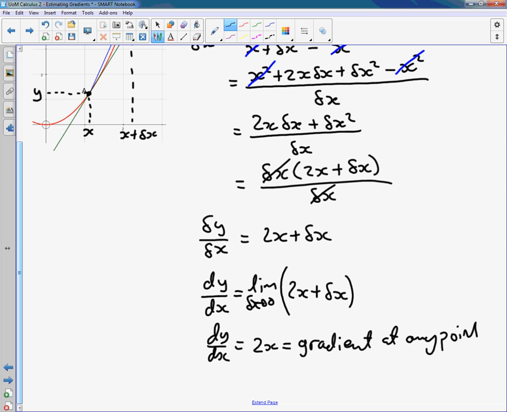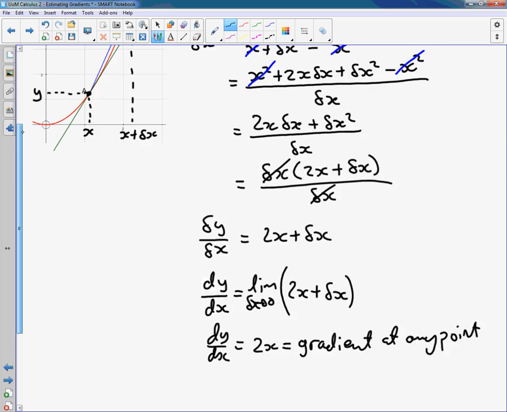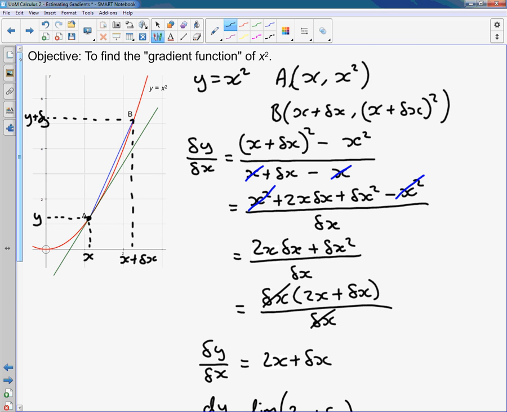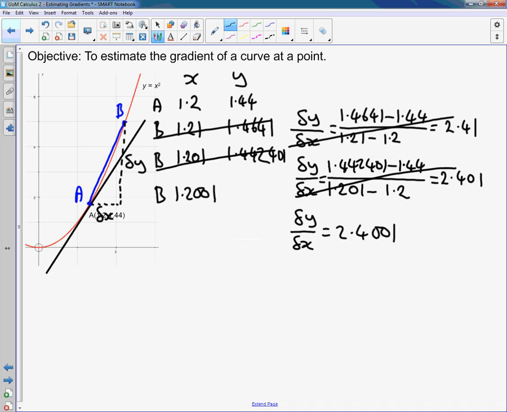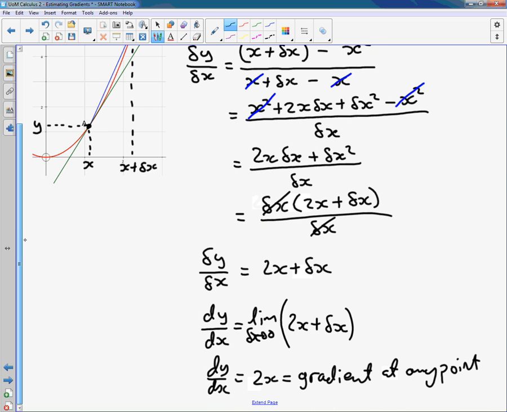Now you may recall, if you watched my last video, that the gradient of y equals x squared at x equals 1.2 is 2.4. We know now that our gradient for y equals x squared at any point is just 2 times the x coordinate, so at 1.2, that'd be 2.4.